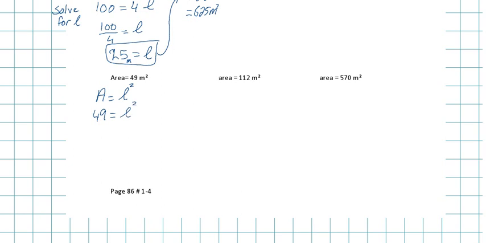Seven. To get rid of a square, I square root. So, L equals 7. Now, with L equal to 7, to find my perimeter it is 4 times L, which is 28.